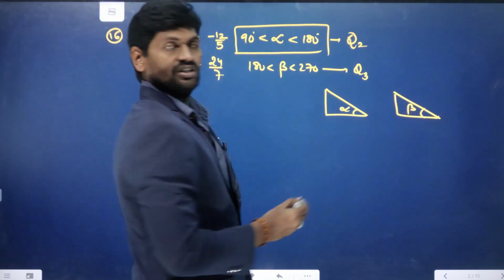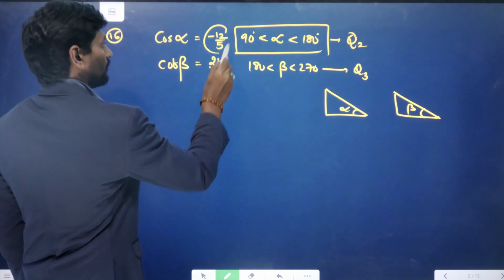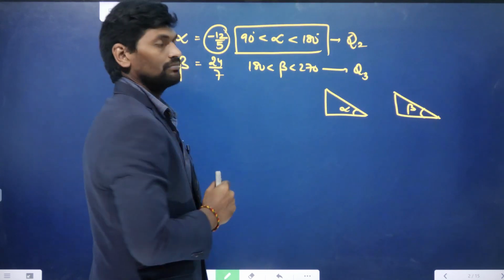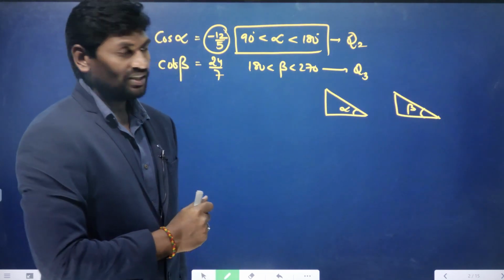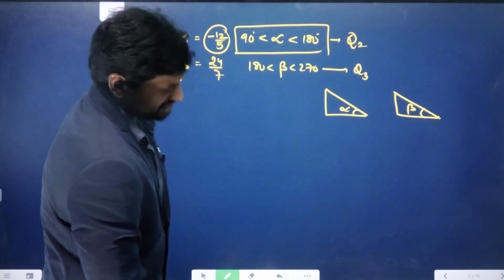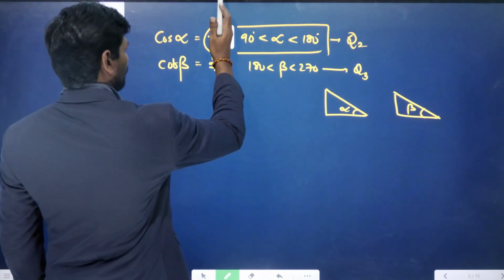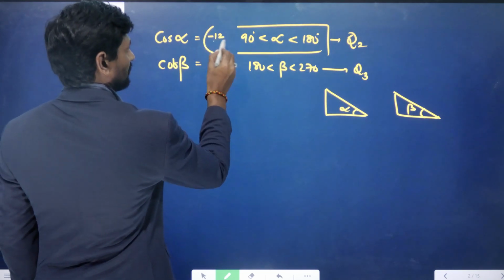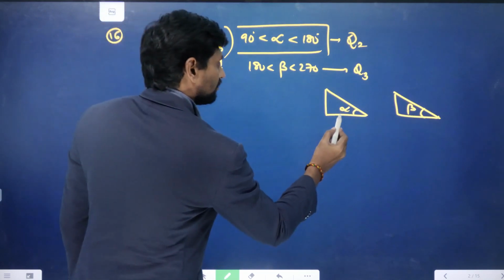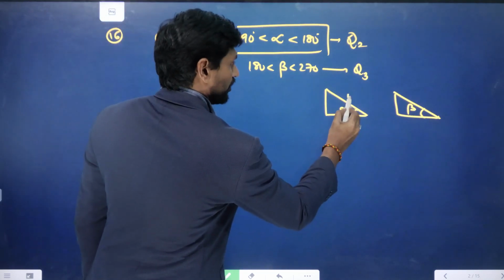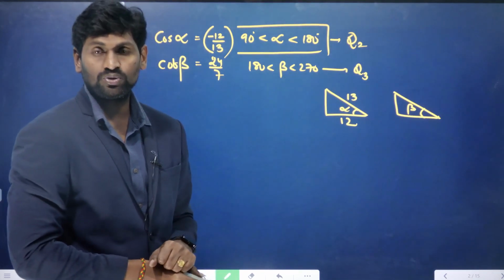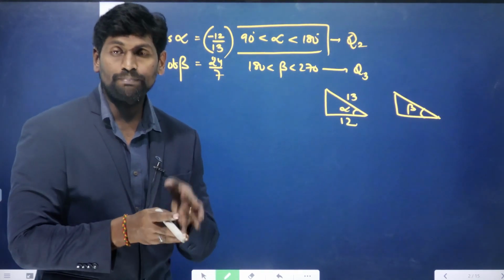Okay. So according to the ratio, what is the cos ratio? Cos is adjacent side by hypotenuse, right? Sorry, it is minus 12 by 13. Cos ratio is adjacent side by hypotenuse, so for alpha the adjacent side is 12 and the hypotenuse is 13. From this we can identify the opposite side using the Pythagoras theorem.